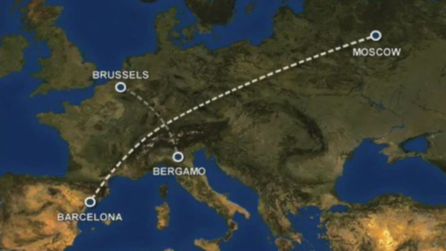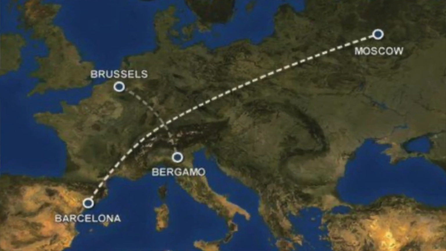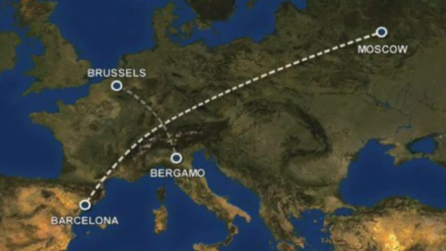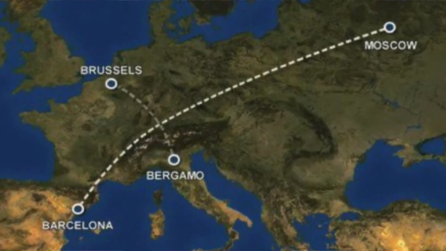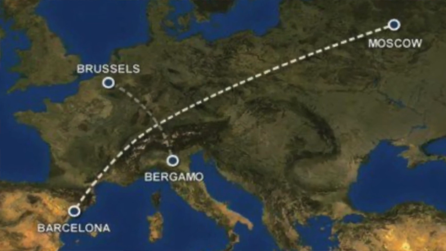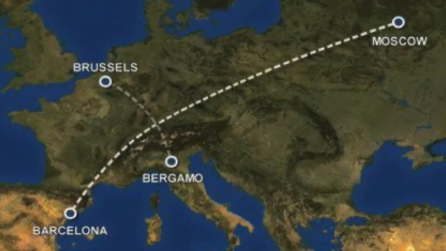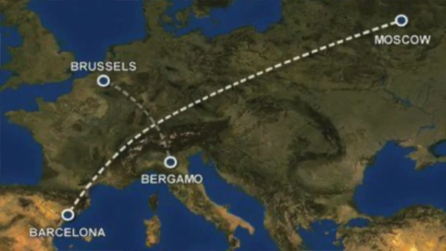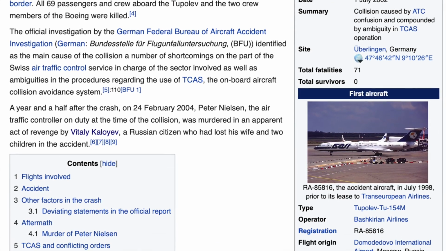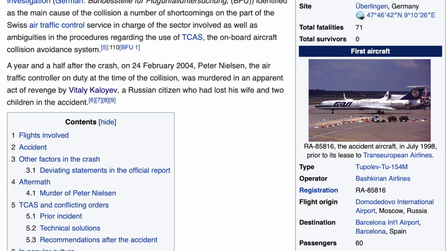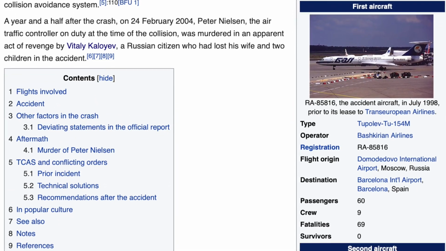The Baskirian case is the collision of two jets in 2002 over Germany, a passenger jet and a cargo jet. A passenger jet flying from Moscow to Barcelona and a cargo jet flying from Bahrain to Brussels crashed in mid-air over Germany in 2002. 71 casualties, no one survived the accident, and it was a very complex case.